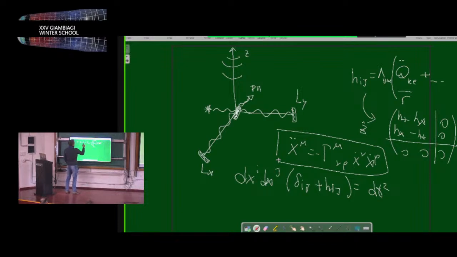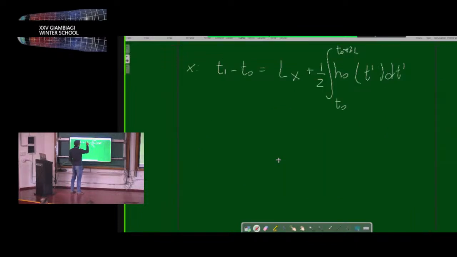I'm integrating delta L. When I integrate the 1, I get Lx, the size of the mirror. When I integrate the second piece, I get this. Basically, I have an effect that depends on the amplitude of the wave, because the amplitude of the wave modifies the space-time in between.